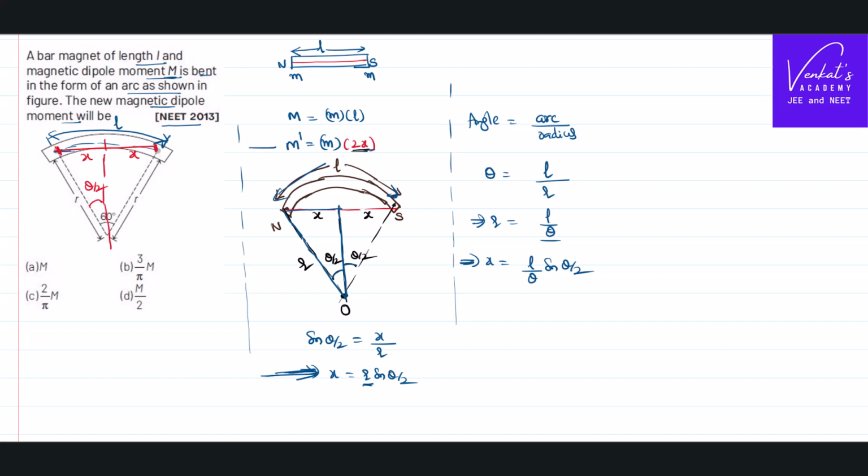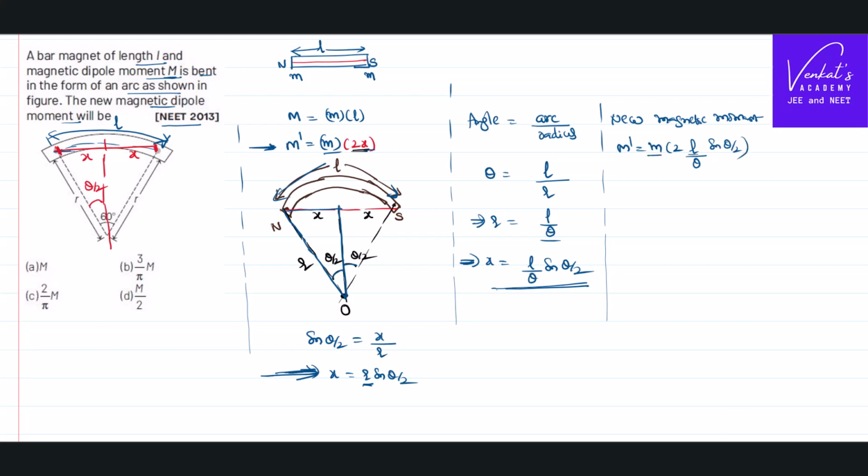Put that x here in the magnetic moment. So, that implies new magnetic moment, when it is bent like an arc, M dash equal to small m into 2 into x. I got the value of x in terms of given data, L by theta sin theta by 2.